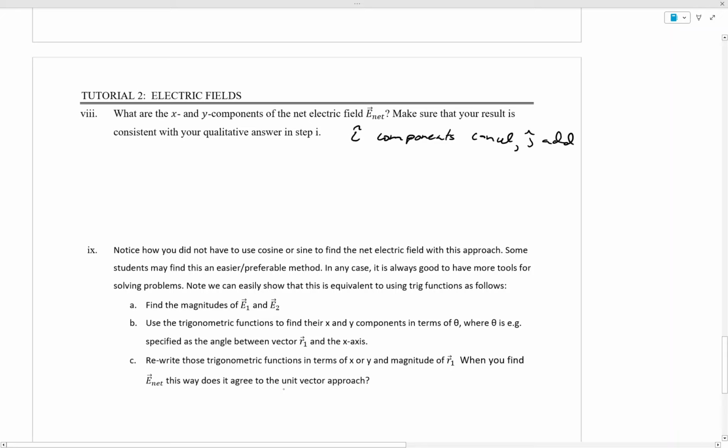Here, I'll write it down explicitly just so you can see it, but that means that E1 plus E2 is going to equal what? 5.9 times 10 to the third minus, and the other one, right, negative 5.9.